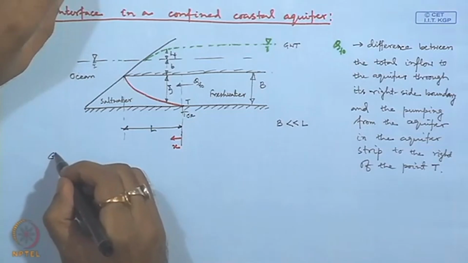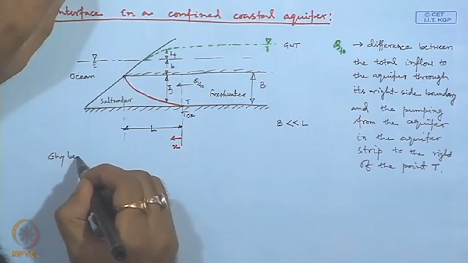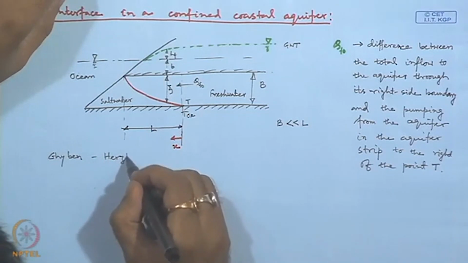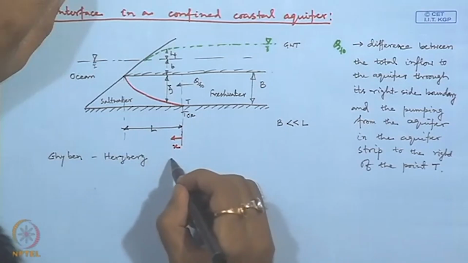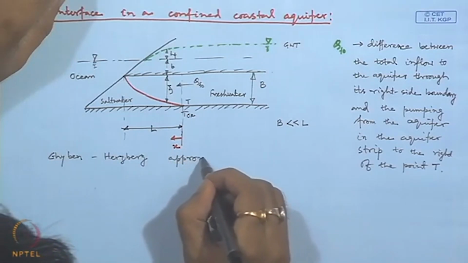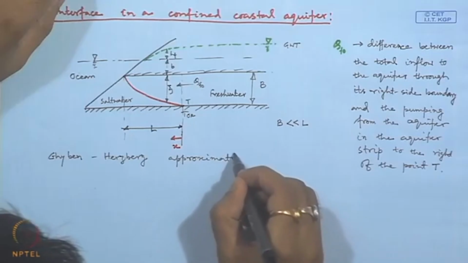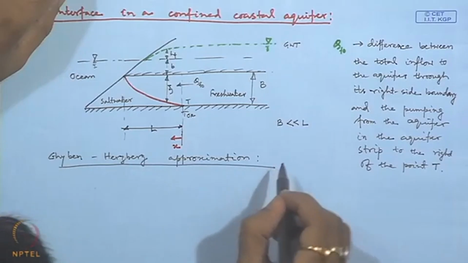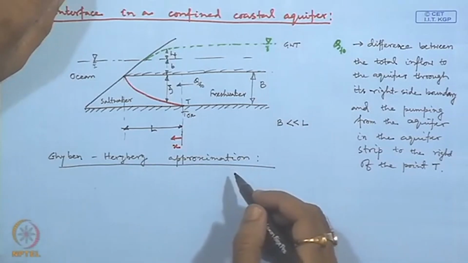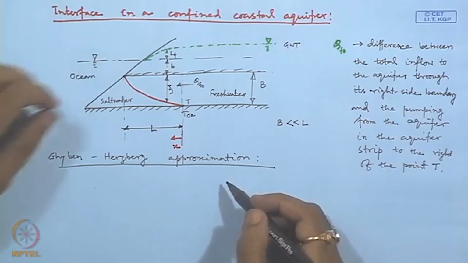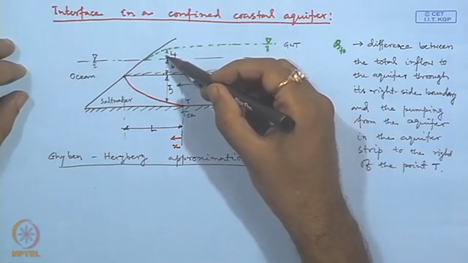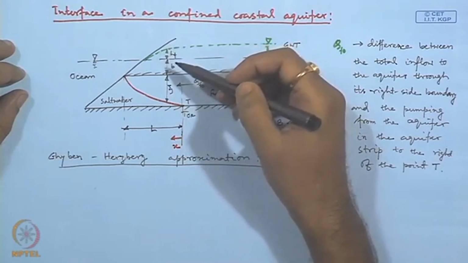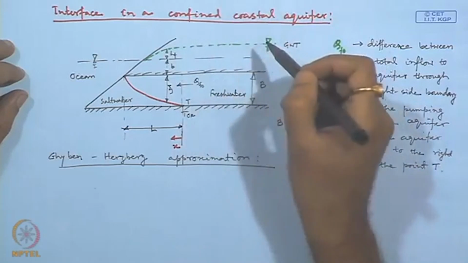Using our Ghyben-Herzberg approximation, h_f is the fresh water head above ocean surface up to the groundwater table.